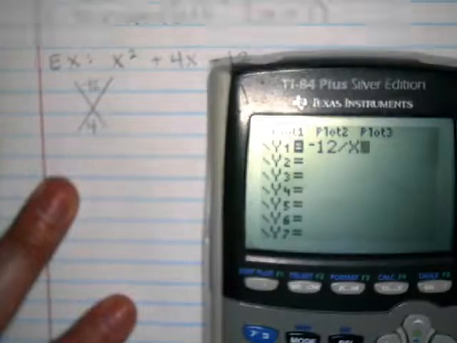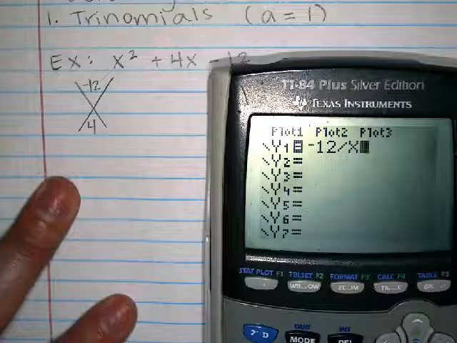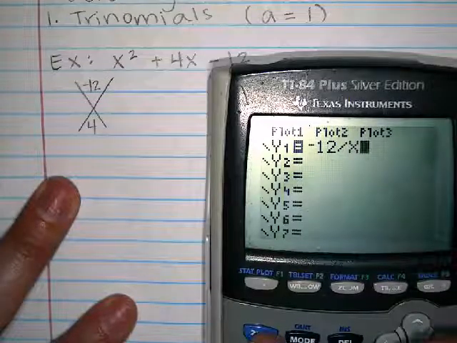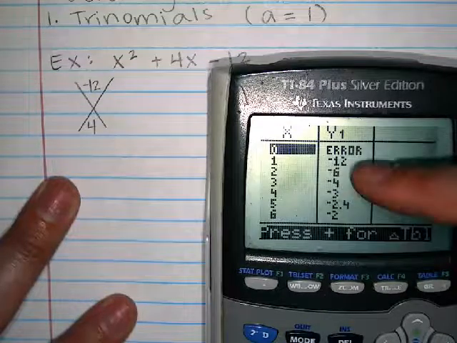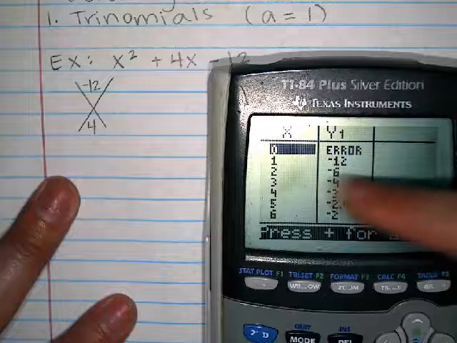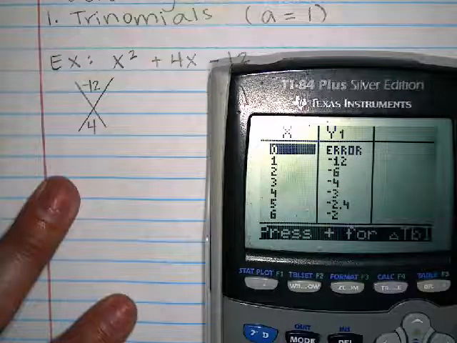Then if you hit second graph and look at the table, it has all of the options. These are all pairs that multiply to negative 12.